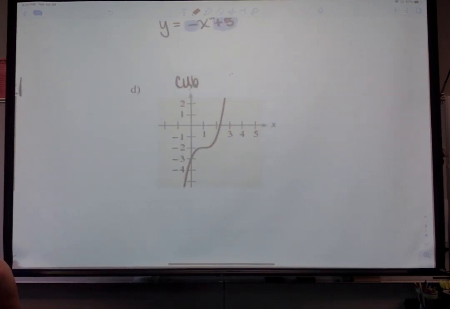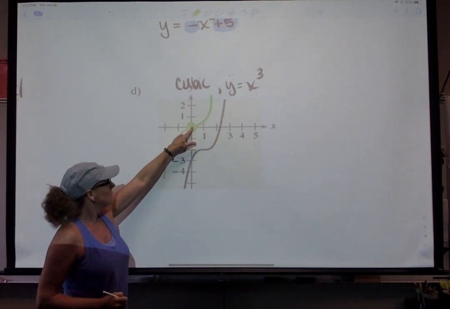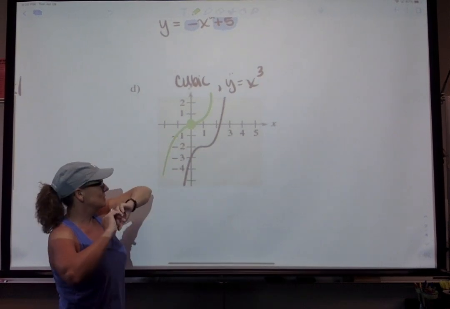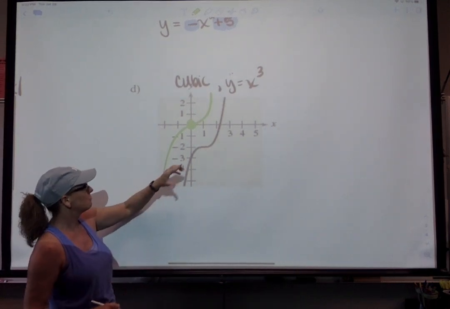Oh, this one's tricky. This is a cubic. Now, normally the cubic passes through the origin. Again, I said these were basic transformations. We're not going to do stretching or anything like that on these simple ones.